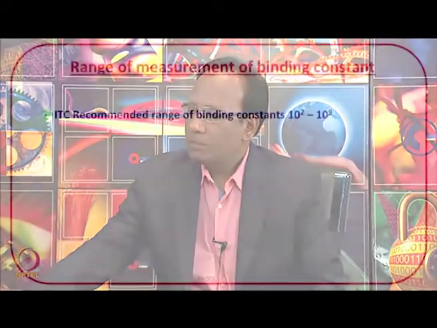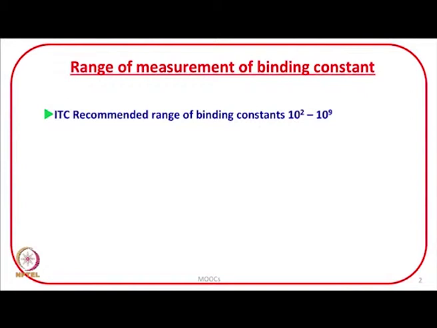Let's take a look at the slide. The recommended range of binding constants in isothermal titration calorimetry is 10 raised to the power 2 to 10 raised to the power 9. The binding constants which are less than 10 raised to the power 2 and higher than 10 raised to the power 9 cannot be very accurately determined by isothermal titration calorimetry.